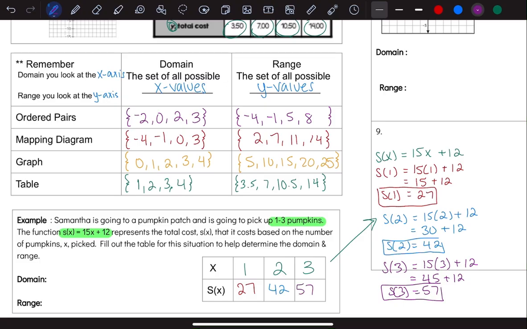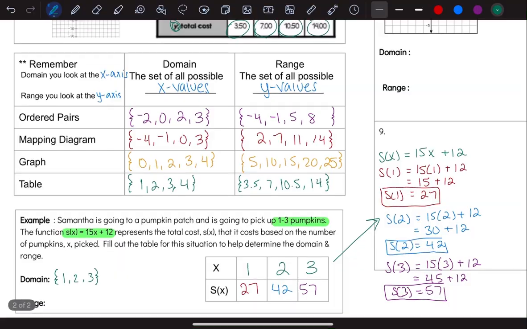Now I'm going to plug in those values for my domain and range. Remember, domain is the X values, so my domain is going to be in curly brackets 1, 2, and 3, because that's all the pumpkins she's going to buy. And my range is going to be those Y values right here for S of X. So 27, 42, 57.